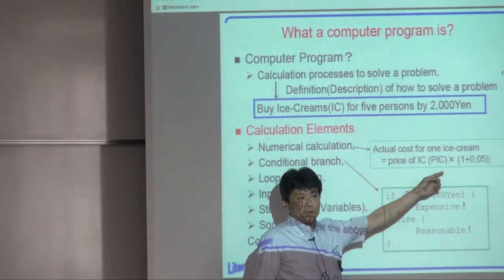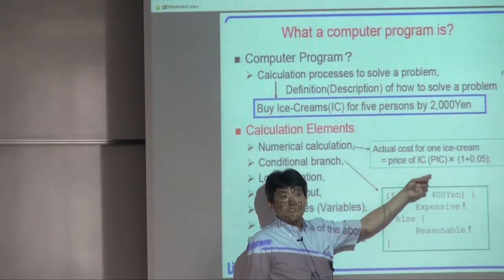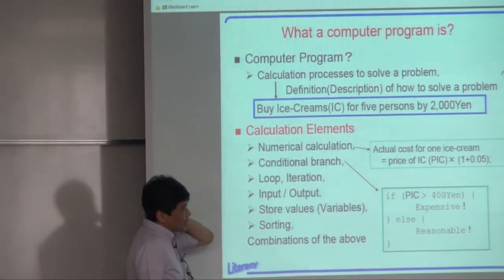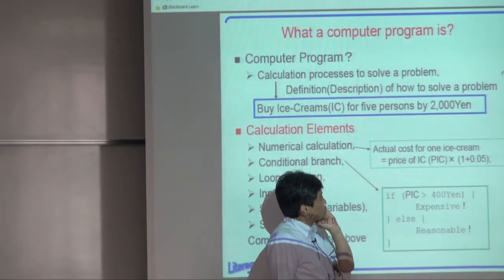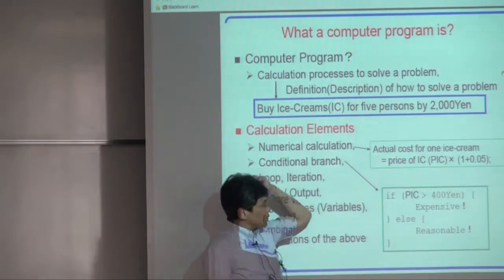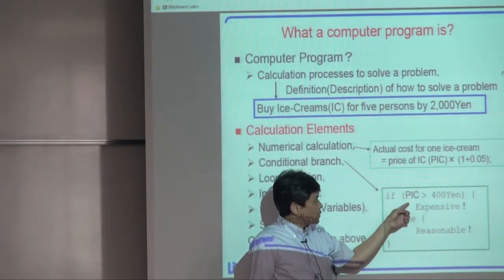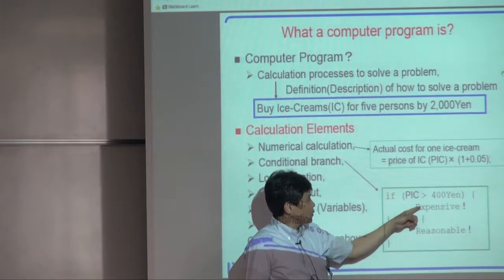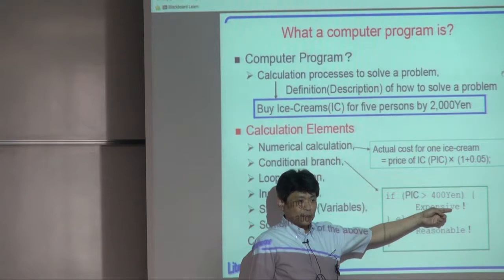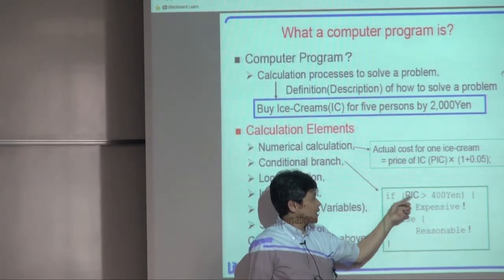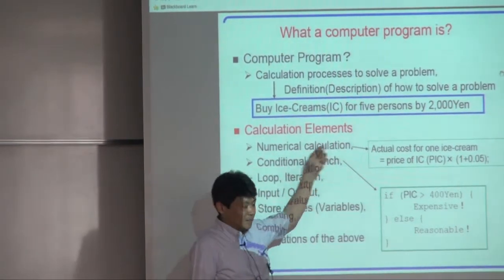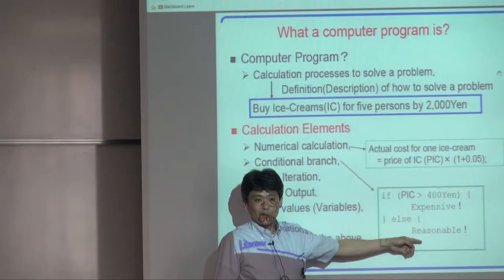Using this expression, you calculate the actual cost of one ice cream, and by multiplying by 5, you can calculate the total cost. In this case, one ice cream is larger than 400 yen, so this ice cream is very expensive because you cannot buy it for 5 persons. Otherwise, you can buy it at a reasonable price.